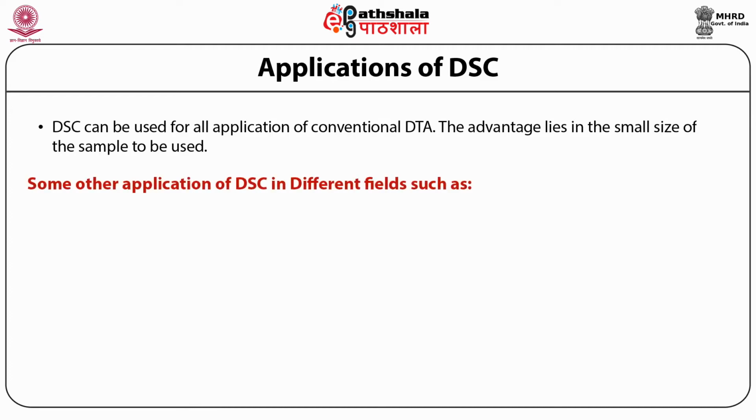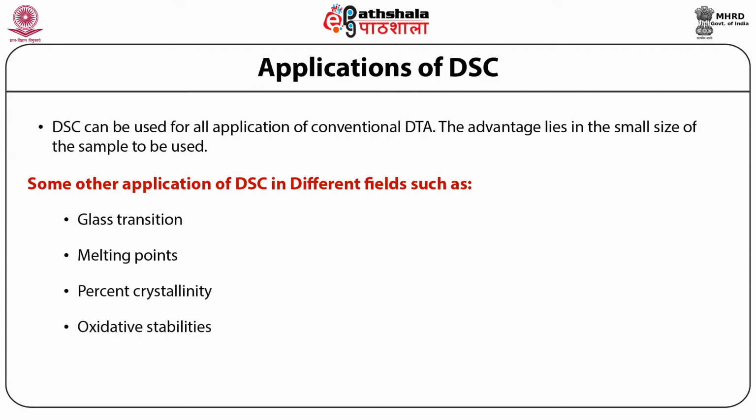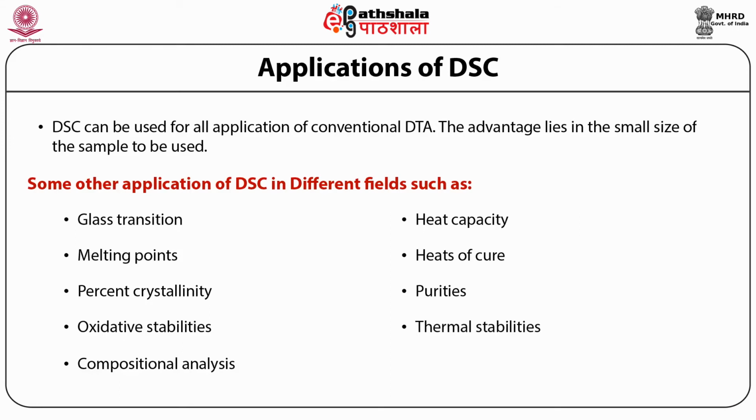Some other applications of DSC in different fields are to study glass transition, melting point, crystallization times and temperatures, heats of melting and crystallization, percent crystallinity, oxidative stabilities, composition analysis, study of heat capacity, heats of cure, completeness of cure, percent cure, purities, thermal stabilities, polymorphism, heat set temperatures, recyclates or regrinds, all can be studied with the help of DSC, whereas DTA has limited applications.